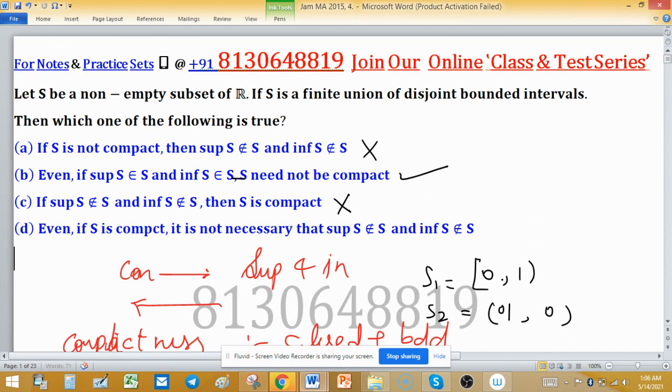So 0 is the limit point, and this is -1 to 0, but the supremum and infimum both are not in S. So it is not necessary. You can take right closed here and left closed. So the supremum is also in S, and the infimum is also in S. So you can say this statement is coming false. So only statement B is correct.